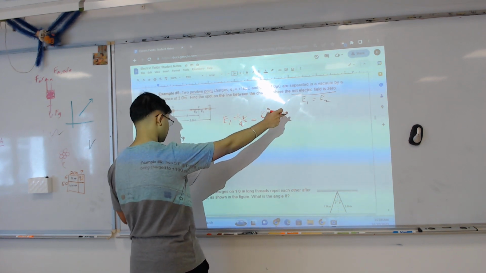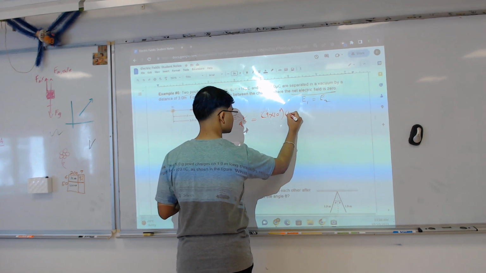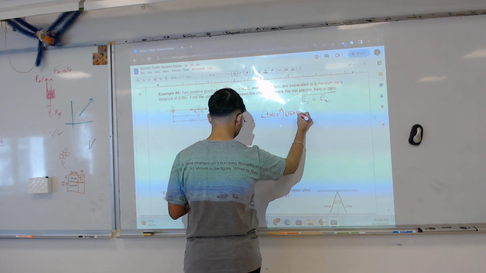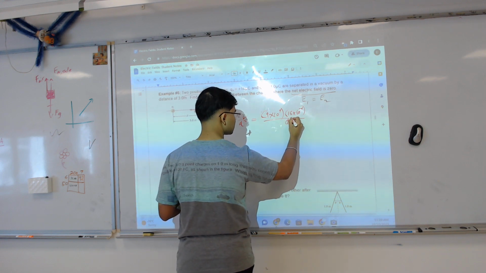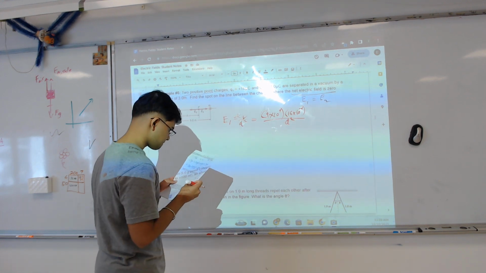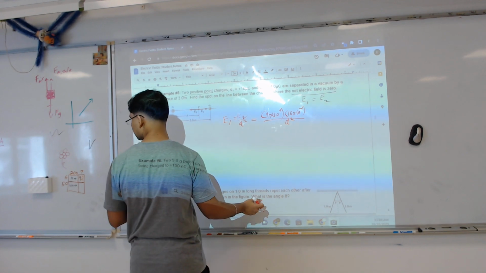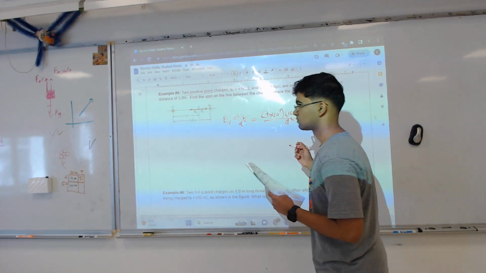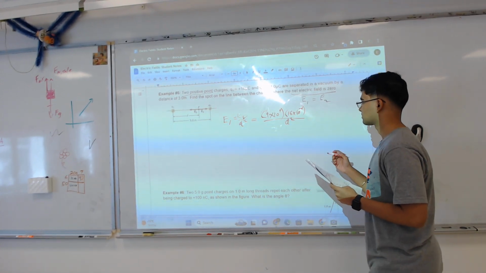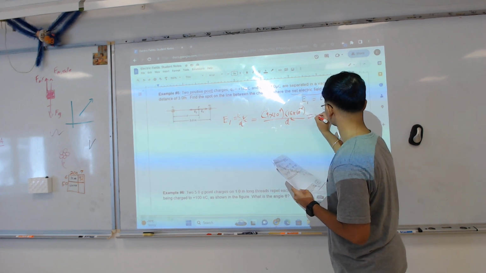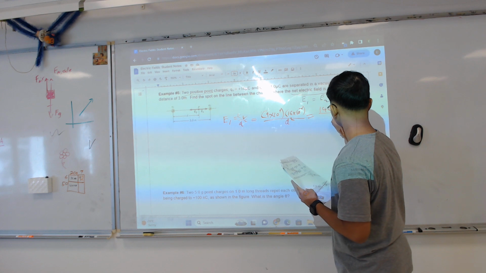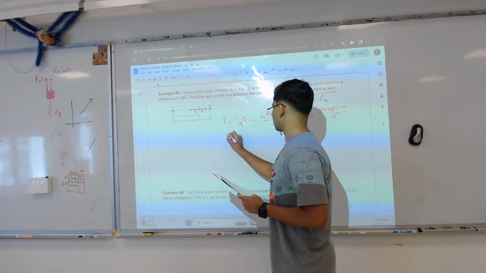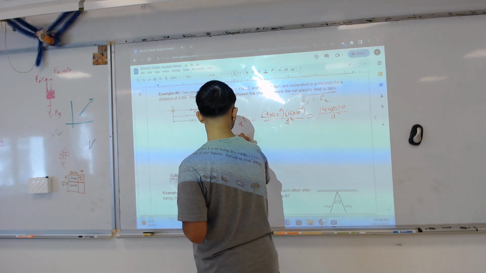The constant times the charge, which is 16 times 10 to the negative 6, and that gives the electric field due to charge 1. Now it gives you 4, and solving for E2.